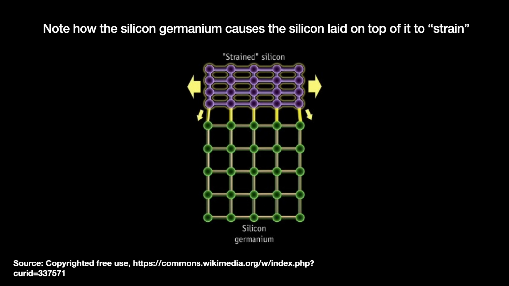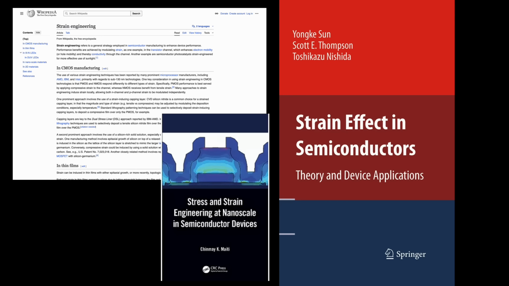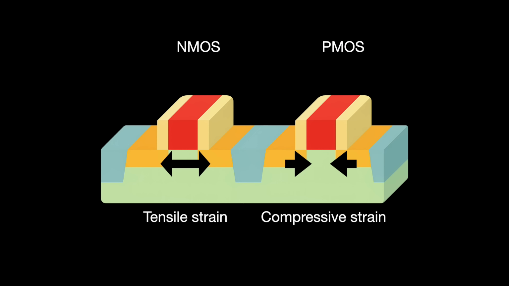This is somewhat complicated. Strain engineering is a whole discipline that exists in the semiconductor world. But roughly speaking, we need to add different types of strained silicon to the PMOS and NMOS transistors. NMOS transistors move electrons, so we stretch out the silicon in order to get our boosts, tensile strain.